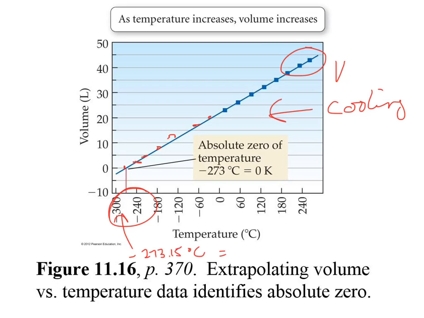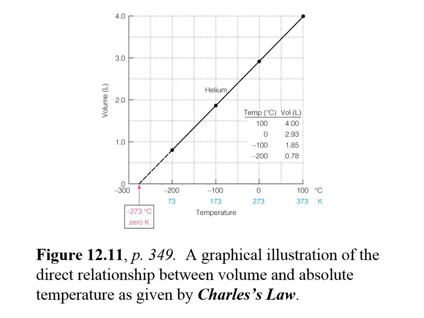And that is equal to 0 Kelvin. That's absolute zero. So that's why I think of it that way. When you work gas law problems, it needs to be in units of Kelvin, not Celsius.